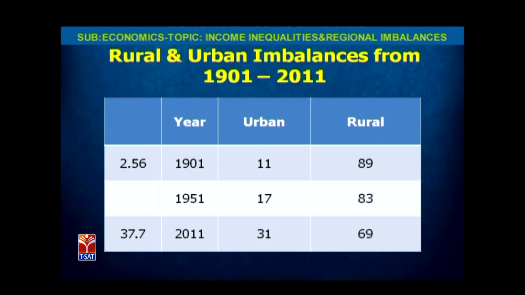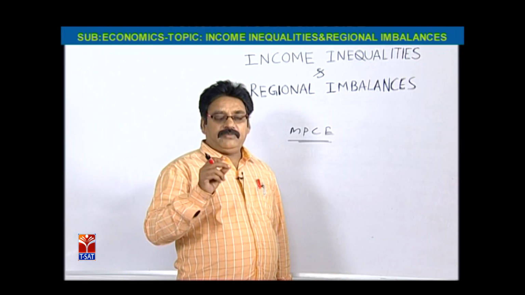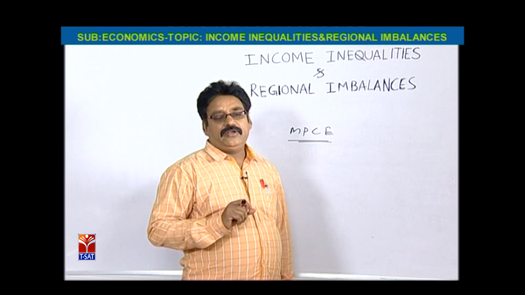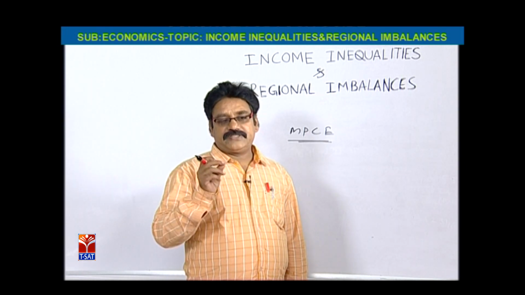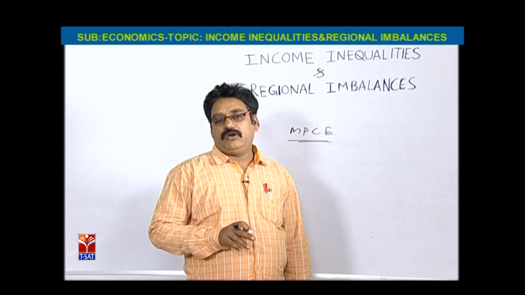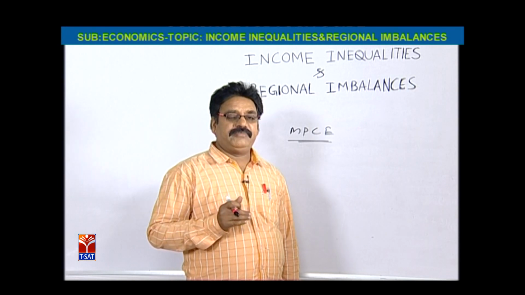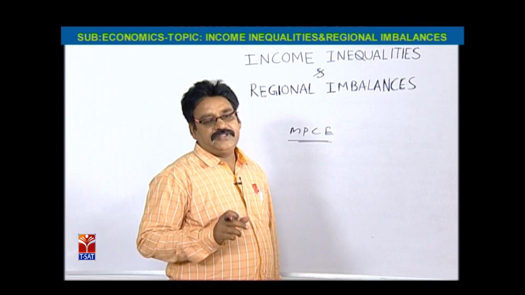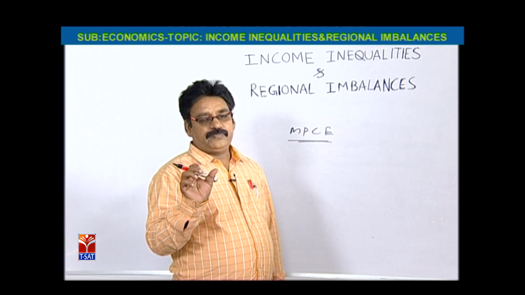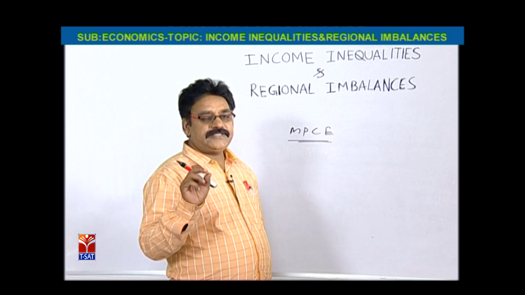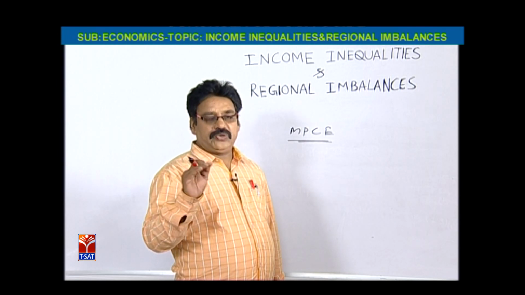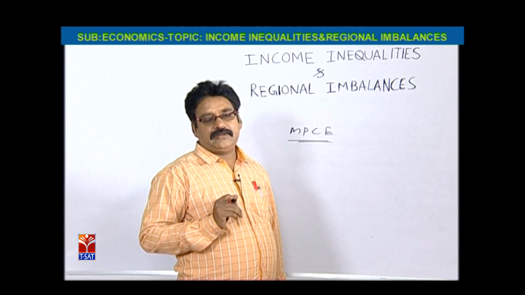Not double, but a little speedier than the first 50 years, and rural population decreased from 83% to 69%. These rural urban population details indicate that urbanization is increasing slowly throughout these 110 years.